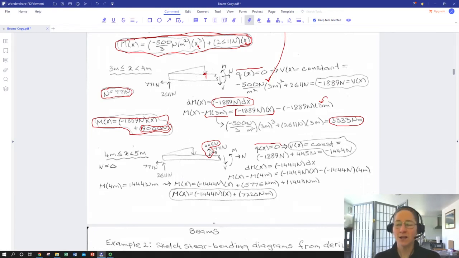Now we've had a point load that is itself pulling things up, so the shear force doesn't have to work as hard. So rather than the shear force being negative 1,889, it only has to be negative 1,444.